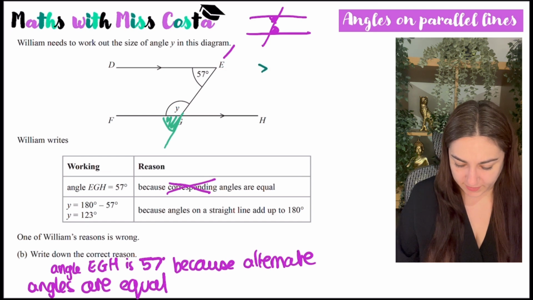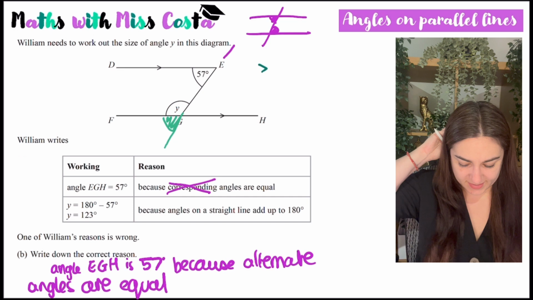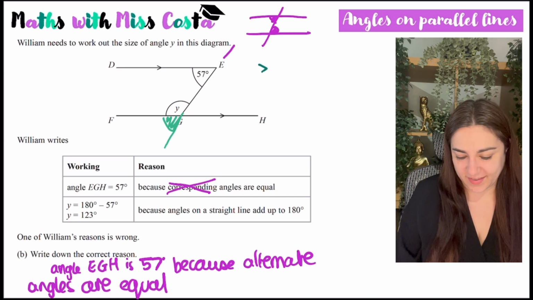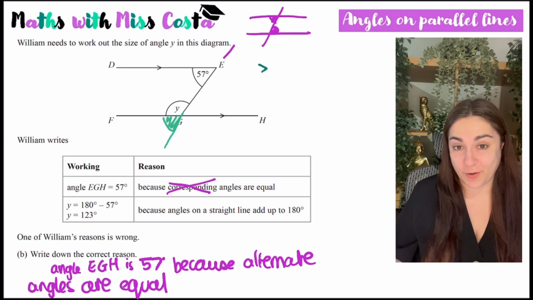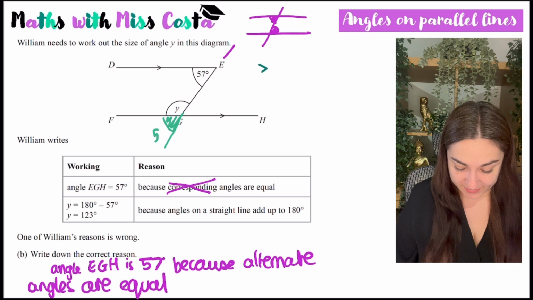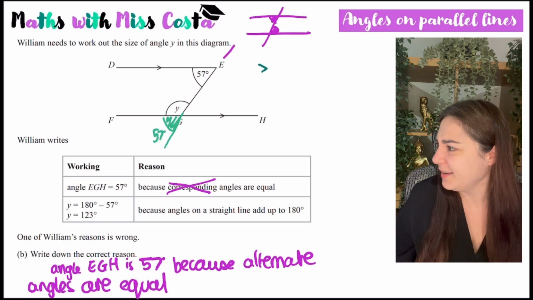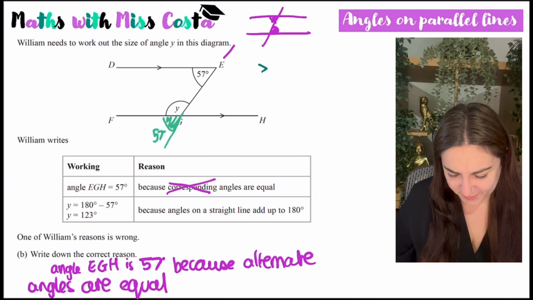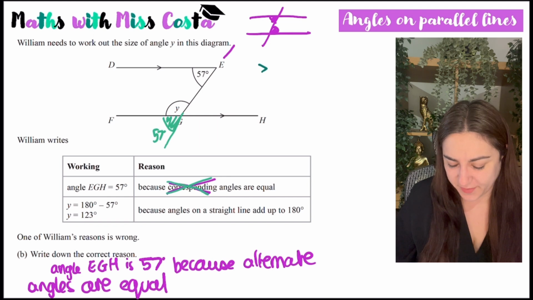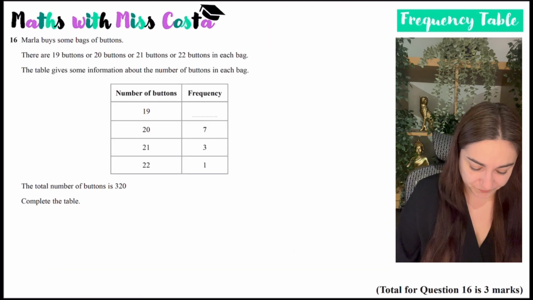So that one's also not amazing. It should have been co-interior angles sum to 180 degrees, but that one might be forgiven because perhaps he worked out that this is 57 degrees. But yeah, the main one is this is definitely not a corresponding angle.